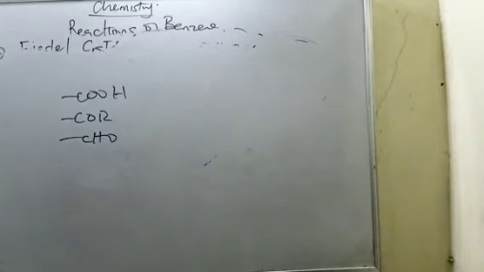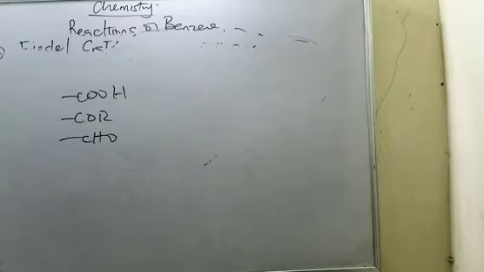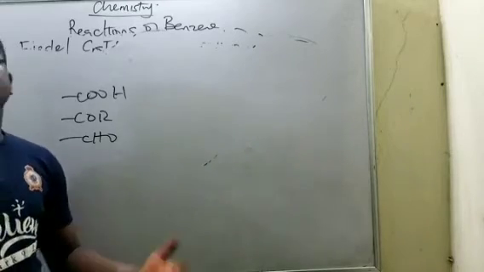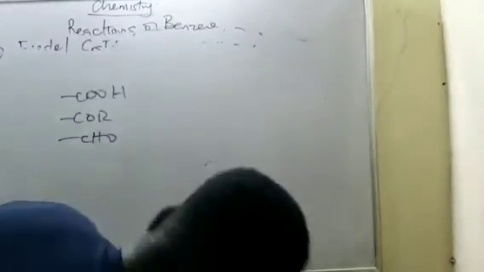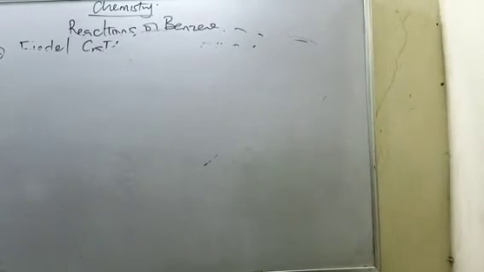Another limitation for Friedel-Crafts alkylation is that there's a tendency for rearrangement to occur. For instance, if I'm using isobutyl chloride, you realize that there will be a rearrangement.